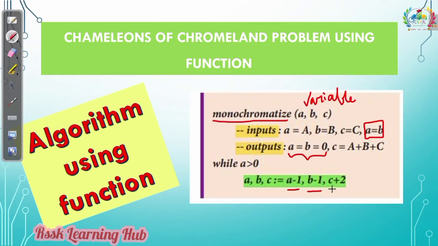Similarly for B, and the C value will add up by 2. This is the condition we saw, because this minus 2 from A and B is added up to C. For your better understanding, I made a diagrammatic representation of the chameleon problem.